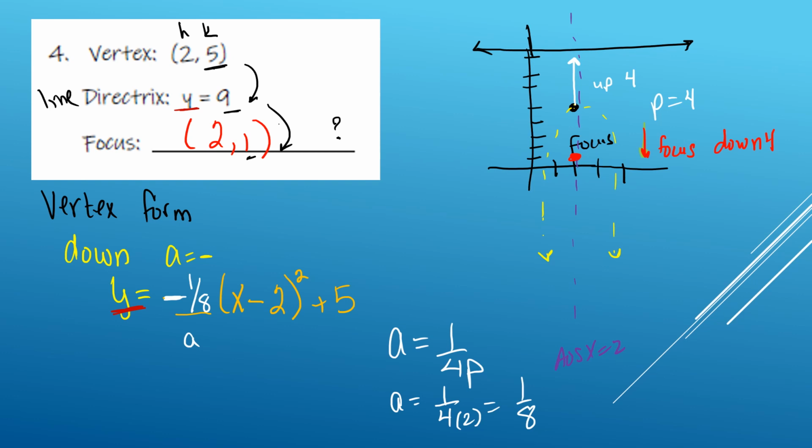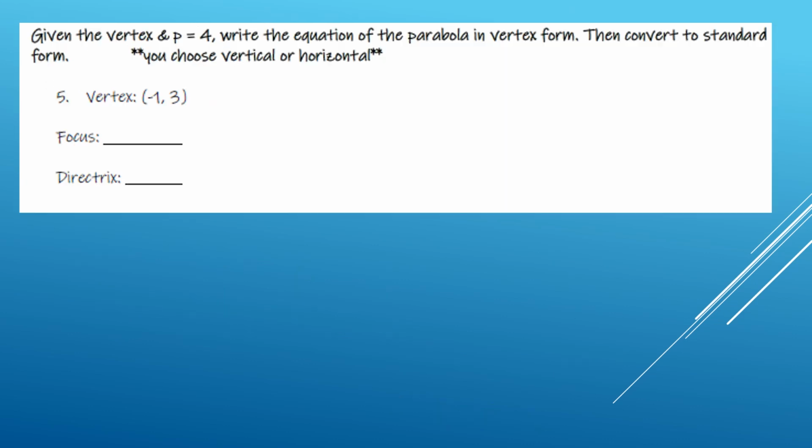Again, make sure that you have that negative sign there because the graph does open down. So our equation for this function is y equals negative 1/8 multiplied by the quantity of x minus 2 squared plus 5. Good job.